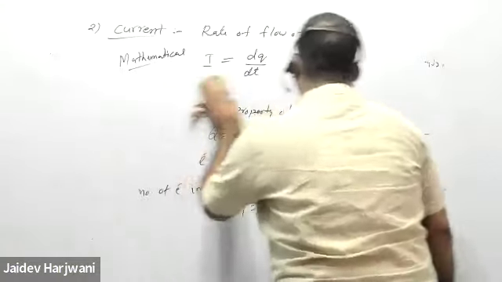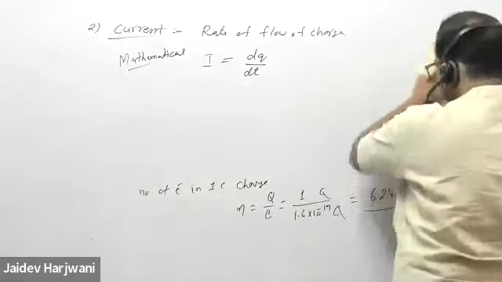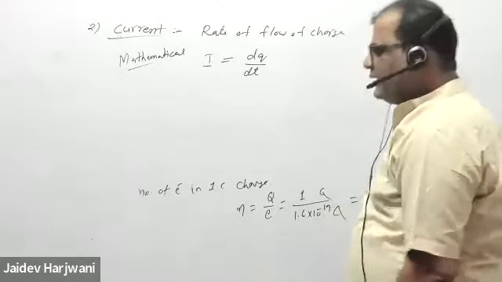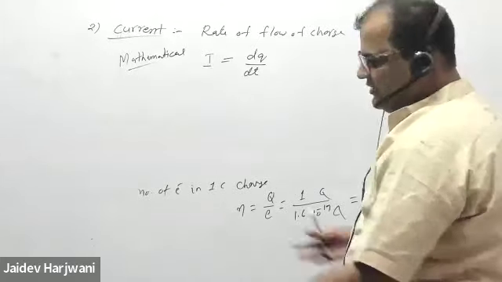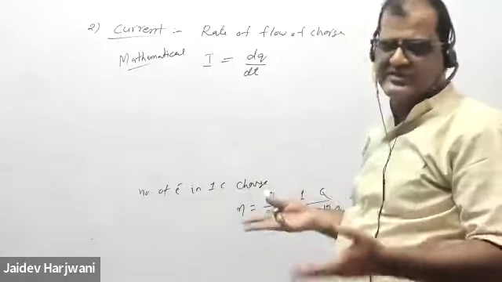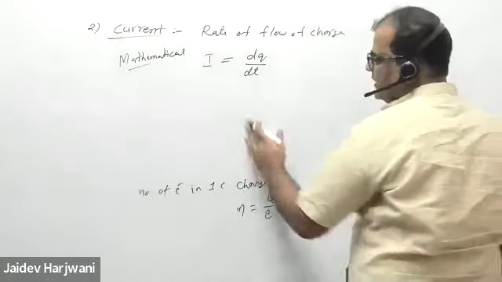Now, how does charge flow? Charge can flow in a conductor or a semiconductor. In the simple, elementary case, charge is flowing in the conductor. So let me make a conductor.